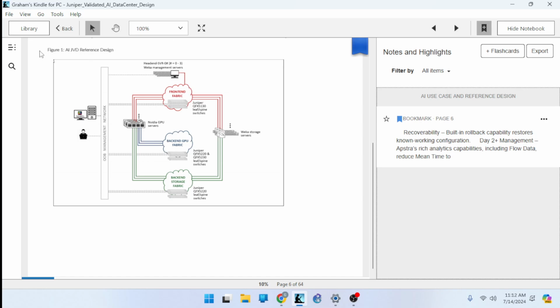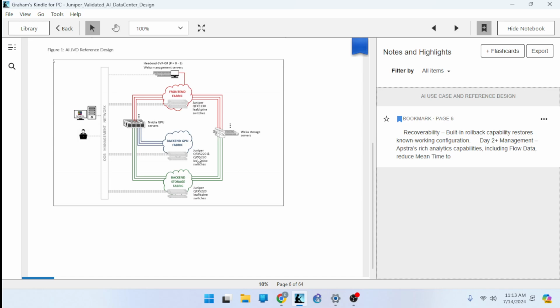All right, so let's continue going on. I'll describe a little bit. We've got the front end fabric. We've got the NVIDIA GPU servers. They interact with the front end and the back end. Then we've got the Weka storage services. They also do that. We've got some things that are exclusively part of the front end fabric, such as the QFX leaf and spine switches and the Weka management services. And then we've got some things that are explicitly a part of the back end fabric. The GPU fabric is explicitly a part of that.